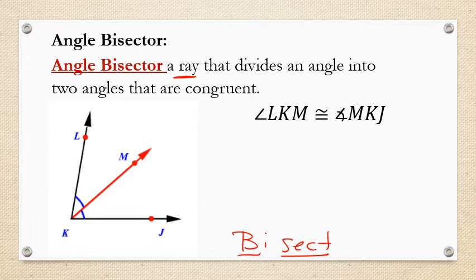So when I look at this picture, I have angle LKM, which means I'm going to start at L, go in the direction of K, M, so angle LKM is this angle right here. And then I also have angle MKJ, which means I'm going to start at M, go to K, and go to J, which represents this angle right here. And when you look at your picture, they both have a single red line in them, which means those angles are congruent and they have the same measure.